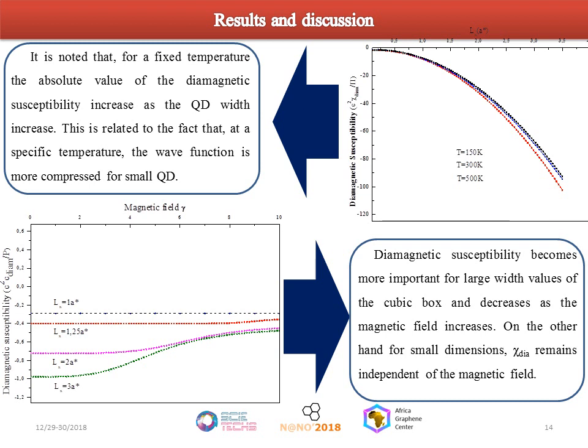Our results show that in the absence of the temperature, the magnetic field effect is remarkable only for the large quantum dot. So when the magnetic field increases, the absolute value of the diamagnetic susceptibility decreases, and for small values of the quantum dot, the influence of the magnetic field is masked because the geometric confinement is more pronounced.